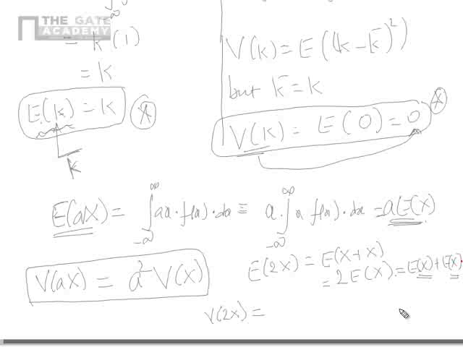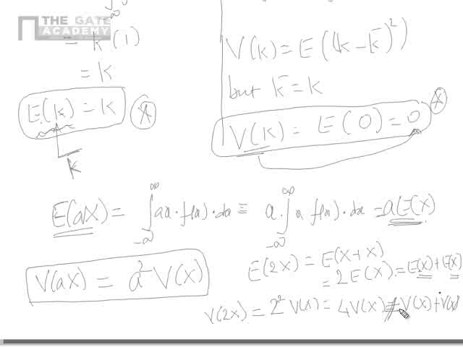Whereas the variance of 2x will be 2 square variance of x, that is nothing but 4 variance of x. This is not variance of x plus variance of x. Not equal. Please remember. So the expectancy of x plus x is nothing but the expectancy of x plus the expectancy of x, whereas the variance of x plus x, that is the variance of 2x, is not the variance of x plus the variance of x.